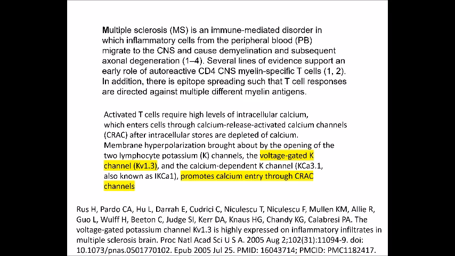In the demyelinating disease multiple sclerosis, it's an immune disorder and the blood-brain barrier is breaking down. They know that the myelin-specific T cells can be activated, and these activated T cells can release substances that can be harmful to the neurons. These particular T cells are known to have voltage-gated potassium channels.